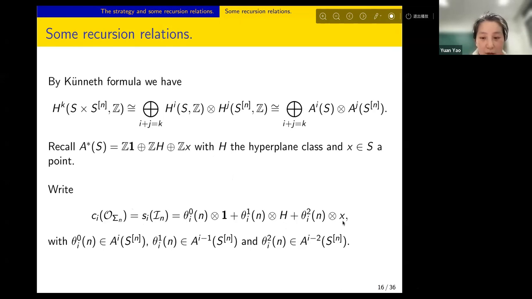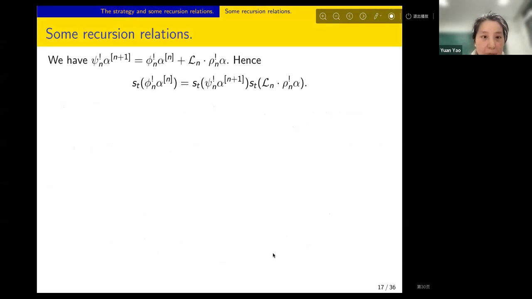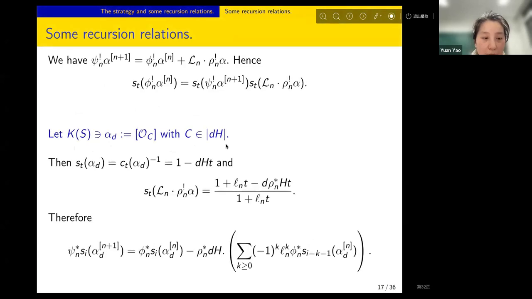So write it in this form, right? Since we have this decomposition. So this is our notation. Now we got this formula, right? Because we have this relation, and then we got this formula.